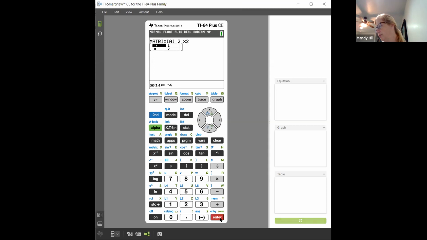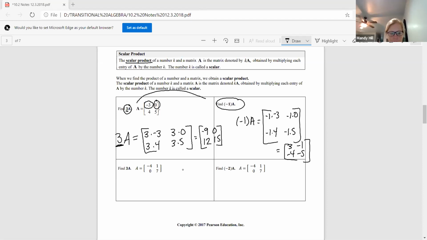Okay, and then we want to do 3 times that. So I've already typed it in. So there's my matrix. It wants me to multiply 3 times matrix A. So I'm going to do second matrix. I'm going to hit enter because I've already typed in A, and it tells me the answer is -12, 3, 0, 21. So -12, 3, 0, and 21 is what we get. So we multiplied this out. -12, 3, 0, and 21, not 27.